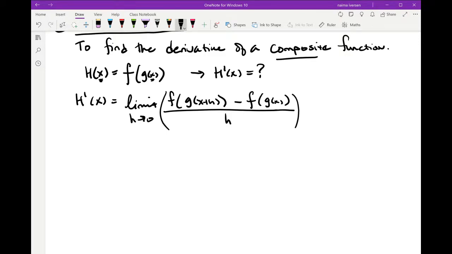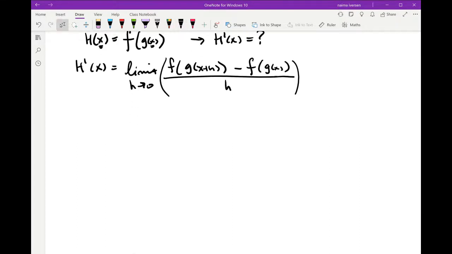Now, for us to be able to figure this out, there's a lot of f of g of x's, and it gets fairly complicated. So I'm going to use some dummy variables, okay? I'm going to let v equal g of x plus h. I'm going to let w equal g of x. Okay, and I'm also going to say v minus w is equal to k.